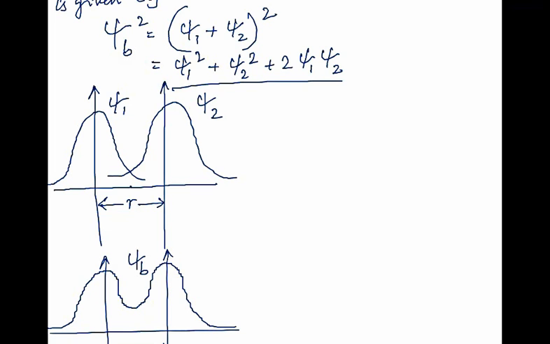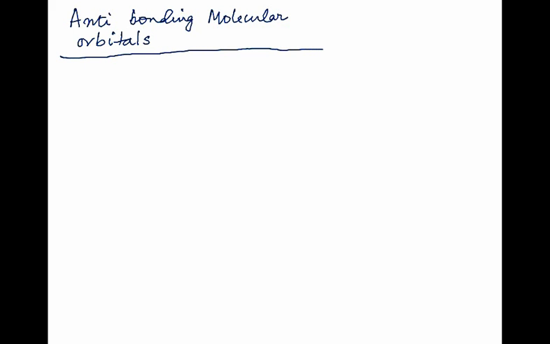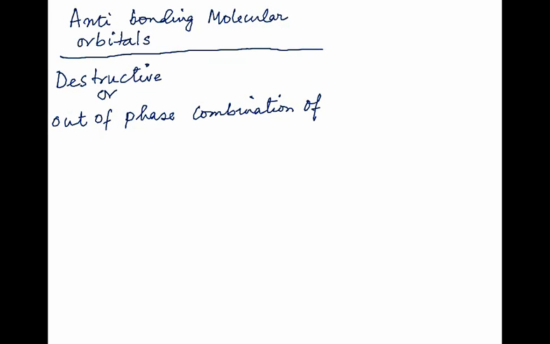Since bonding molecular orbitals were formed due to the constructive combination of two atomic orbitals, antibonding molecular orbitals are formed when there is a destructive, or out of phase, combination of two atomic orbitals.